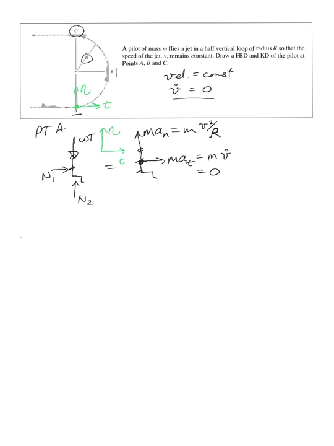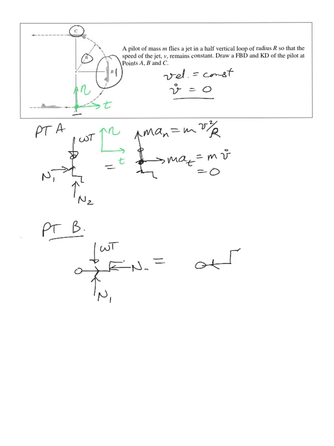So we'll go down and do now at point B. Now we're on a vertical plane here. So the pilot is now sitting like this, sitting on his back, or her. And we've got, again, acting the weight. I've got the normal force from the back of the seat.